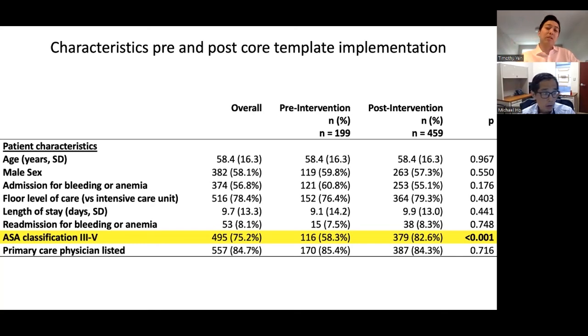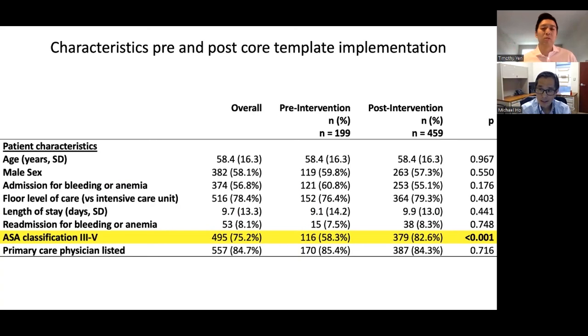I suspect if I looked at this over a longer period, there would be a drop-off in utilization. But the hope is that, as part of this intervention, we incorporated this into the orientation for first-year fellows, who account for 80% of these reports. It will become more like a standardized practice.